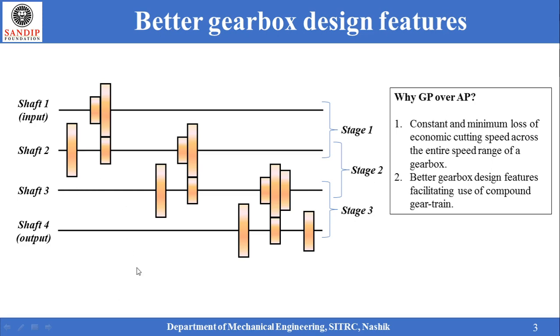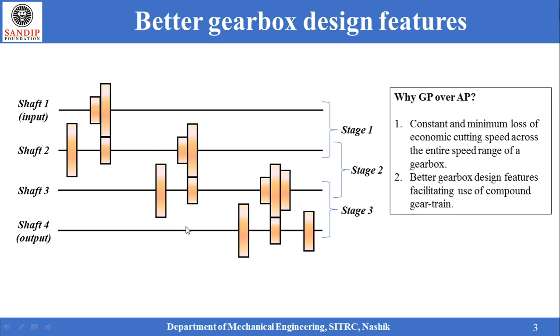A compound gear train is one in which the driven shaft of one stage will be the driving shaft in the next stage. Let us understand this arrangement. Shaft number 1 and 2, if you observe over here, there are 2 driving gears and 2 driven gears. This comprises stage 1. Shaft 2 is the driven gear for stage 1. It becomes the driving gear for stage 2.